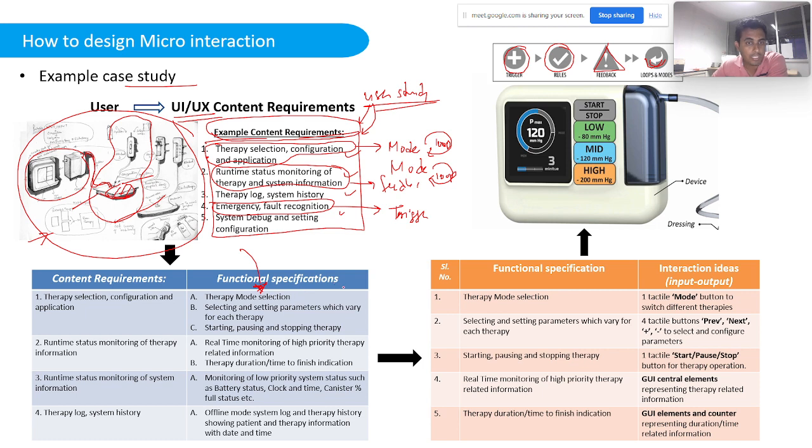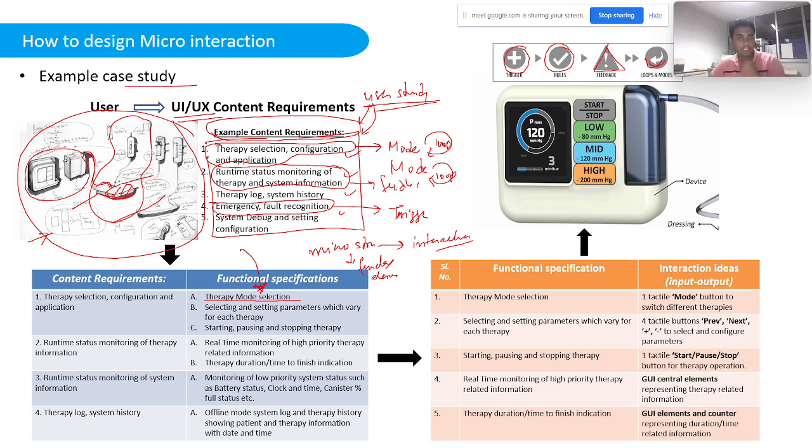So as a functional specification, what we want to have is a therapy mode selection. Now we are trying to define the micro interactions, in terms of functional elements as well as interactive elements.